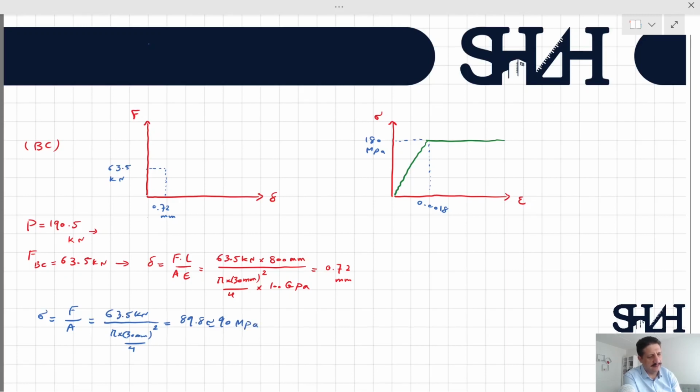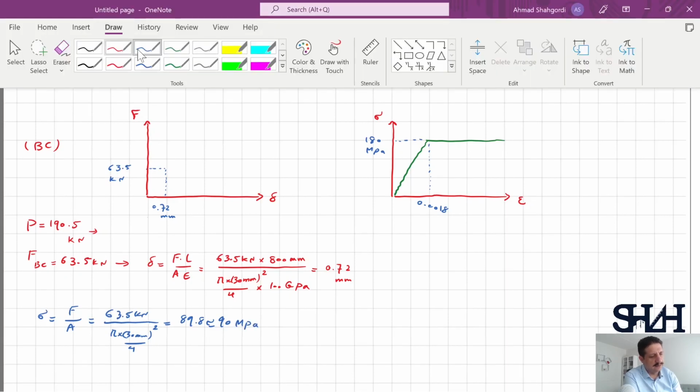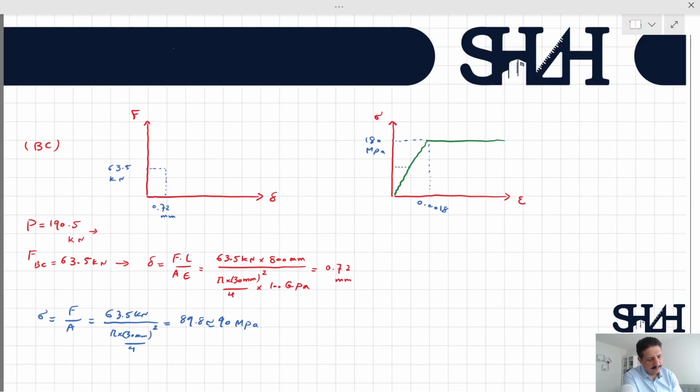You can see that in the stress strain graph, we are at 90 megapascal and it should be exactly half of this strain. Let's check it out. So strain in BC will be delta divided by LBC. Delta is 0.72 millimeter and the length is 800 millimeter.